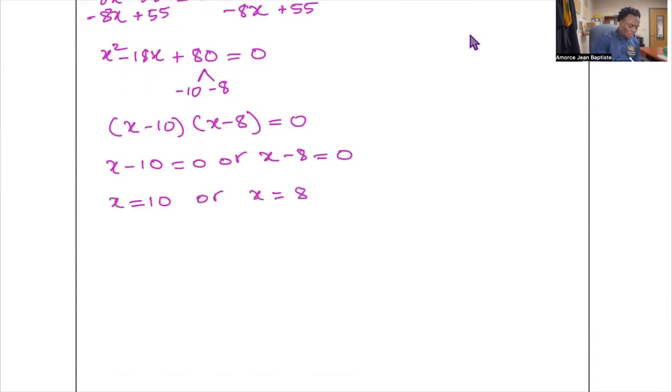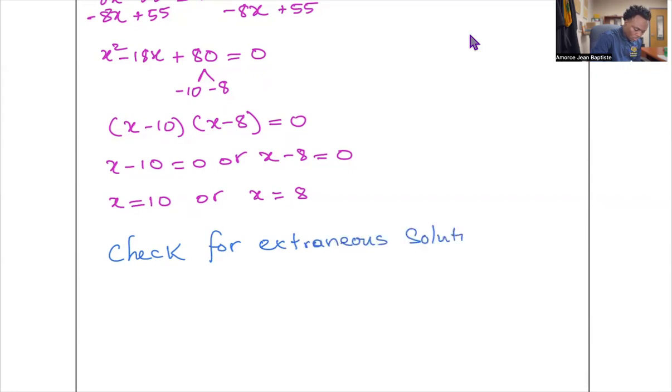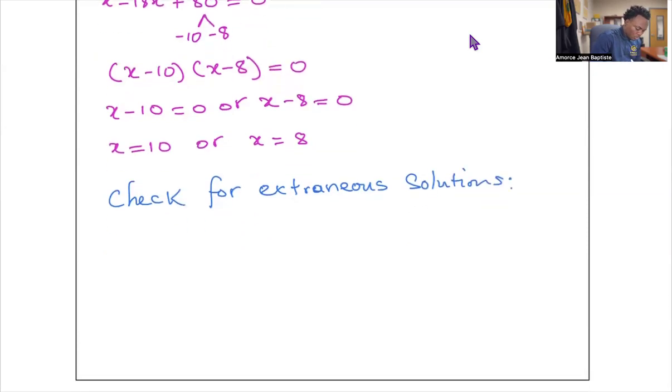So we're gonna check for extraneous solution. X equals 10, x equals 8.